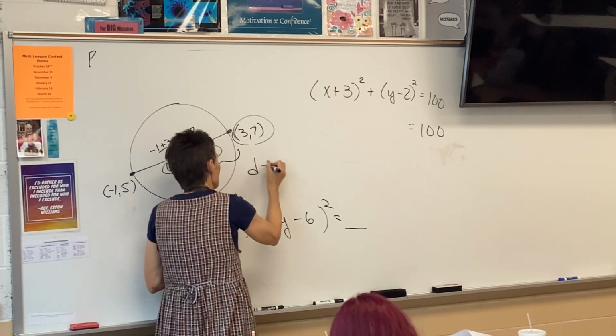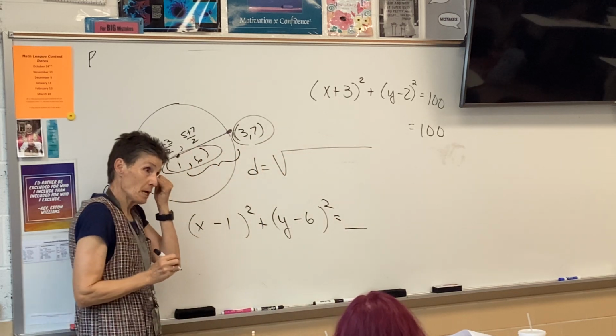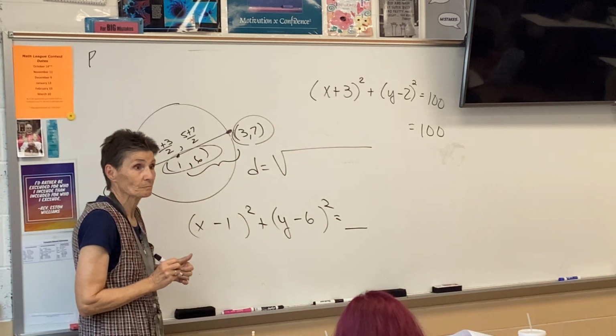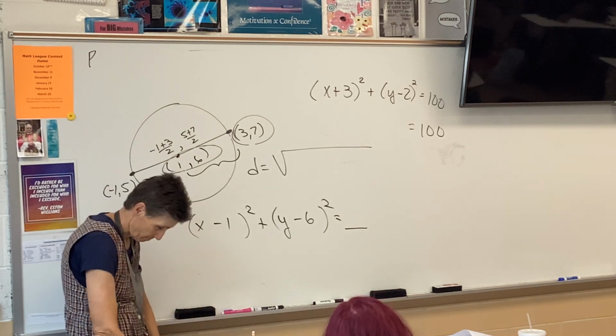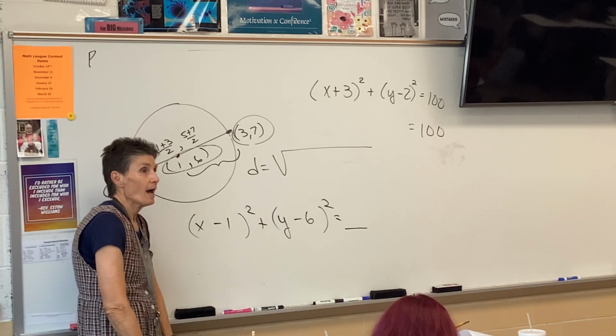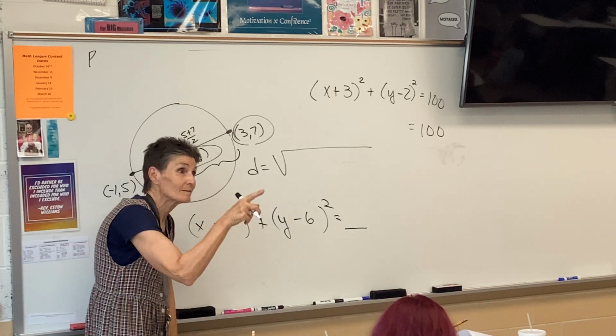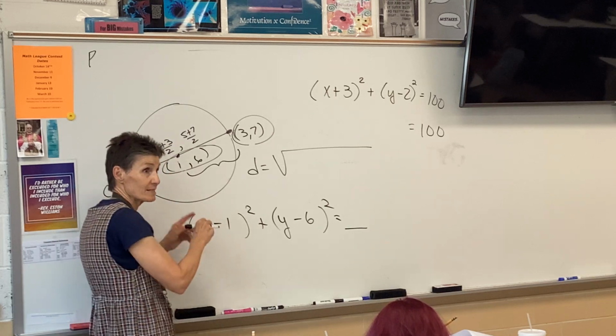All right. How does that work again? Who remembers? It slipped my mind. Well, look back at your notes. How did we find the distance? X1 minus X2. Yep, we're gonna subtract our x's.